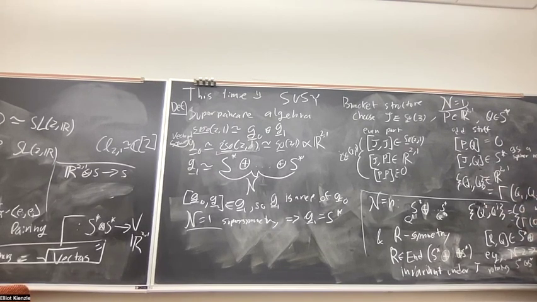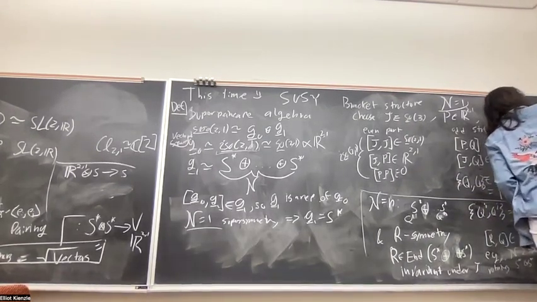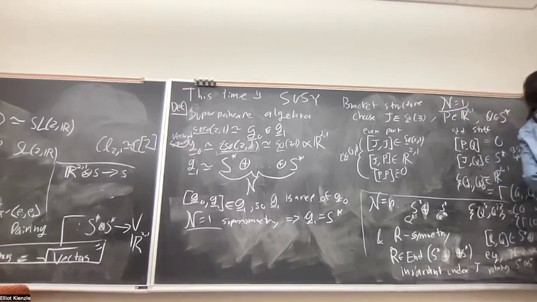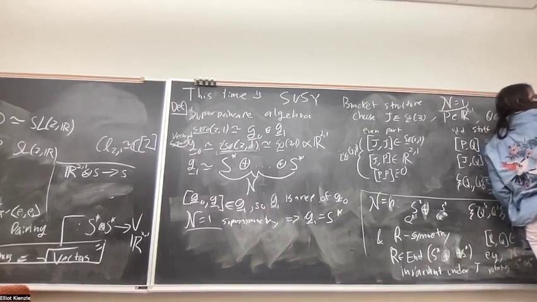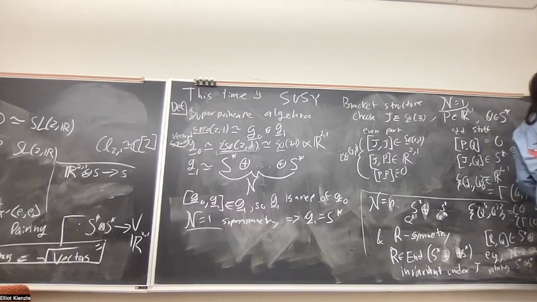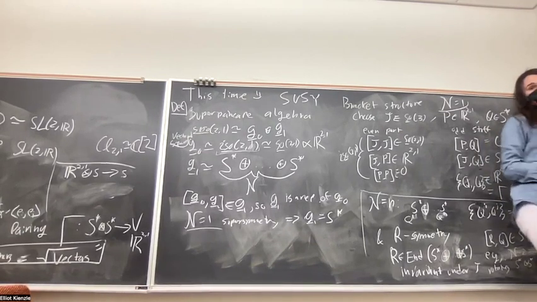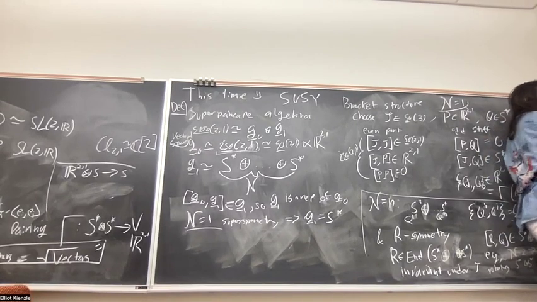Something that we can say is that we can think about n equals 2 supersymmetry. This is rough, so heuristic. In n equals 2, we have that S star tensor S star is kind of isomorphic to a tensoring with C. We can think about that as real and imaginary.